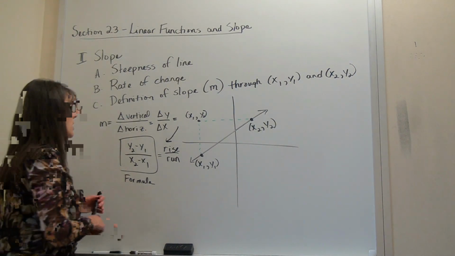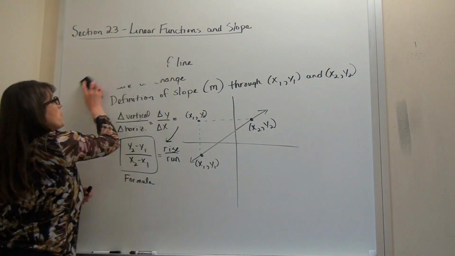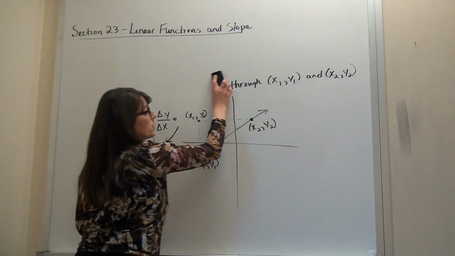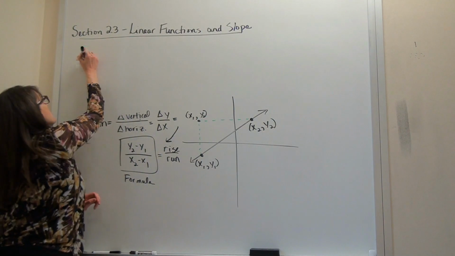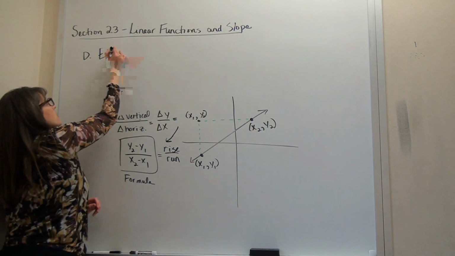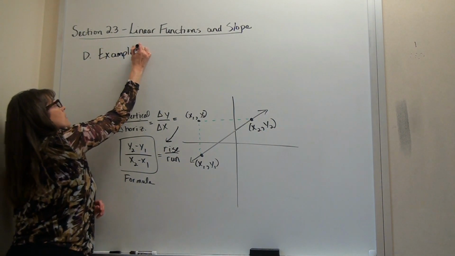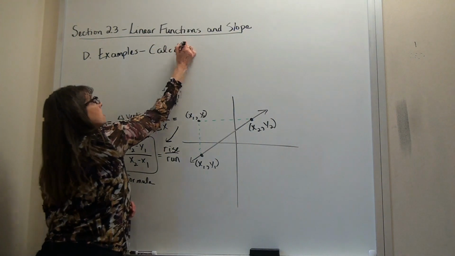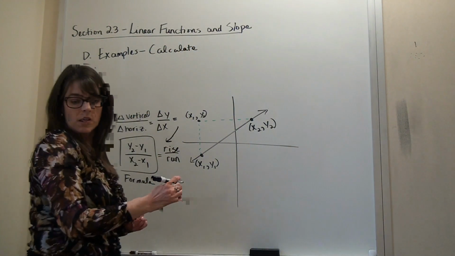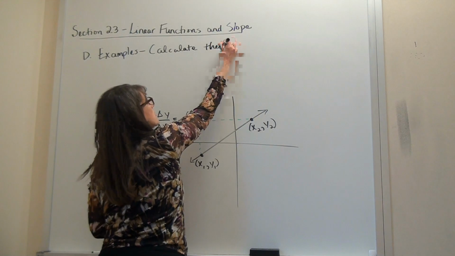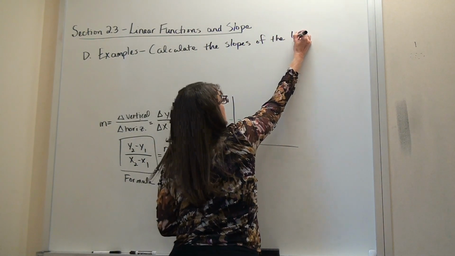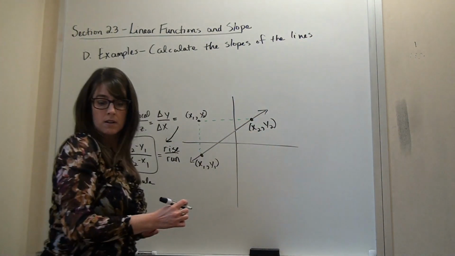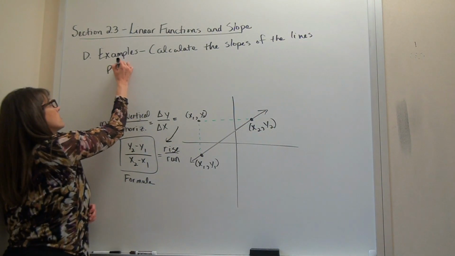So now we're going to use it, and I'm going to go through a couple of examples of using this formula for slope. And in these examples, we are going to calculate the slopes of the lines passing through the given points.